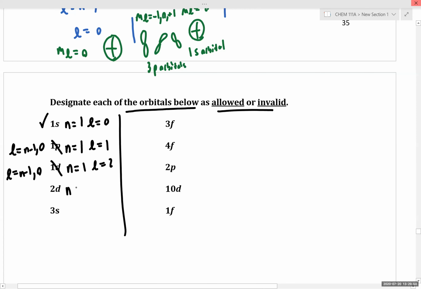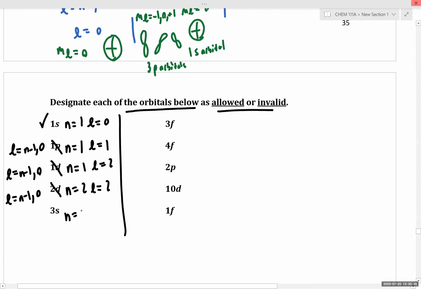A 2D orbital, we have n equals 2, L equals 2. If L is equal to n minus 1 all the way to 0, is a 2D orbital allowed? No, it's not. So let's cross it out.